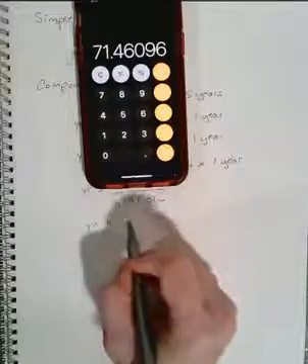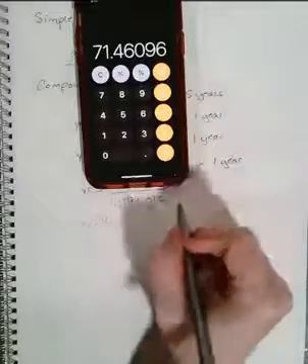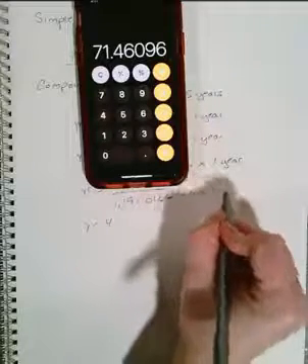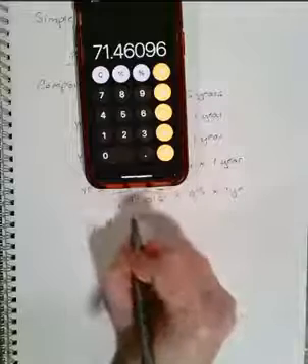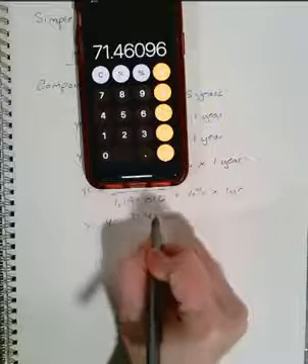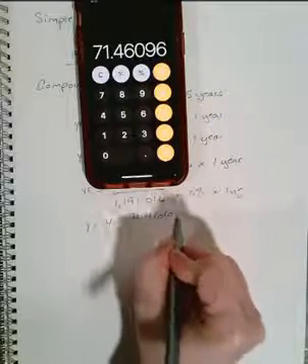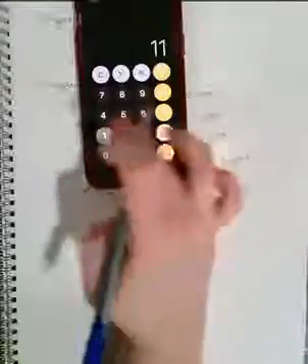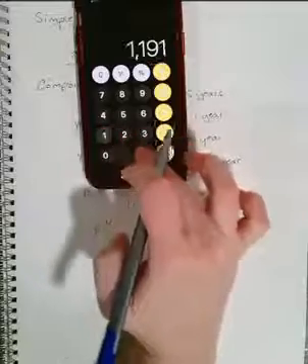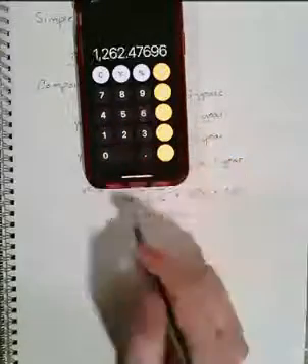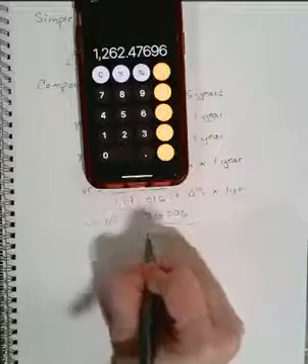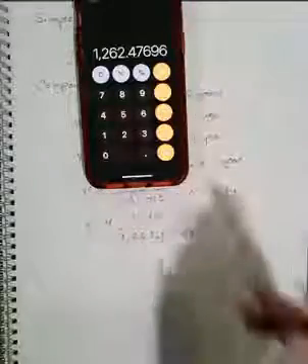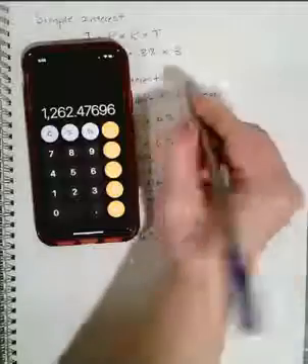Year four, we have 1,191.016 times 6% times 1 year, and we got 71.46096, which we're going to add to 1,191.016. Let's start to get really big. This is why we round. 1,262.47696. And then we're going for 5 years.